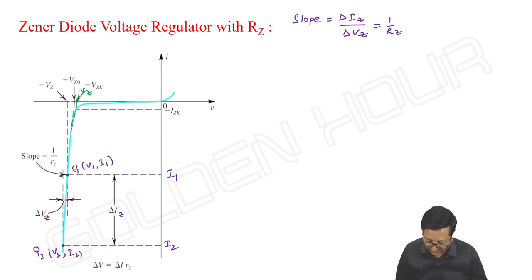Actually, it is a V1 and V2. If they are very close to Vz, no doubt about it, but slightly greater than Vz. Suppose Vz is equal to 5, then V1 may be 5.1 and V2 may be 5.15 volt, like that, just for our understanding. Slightly greater than Vz. Right, V1 and V2 are slightly greater than Vz.